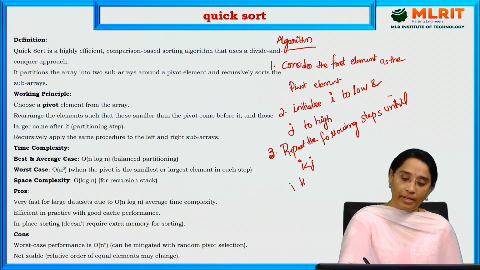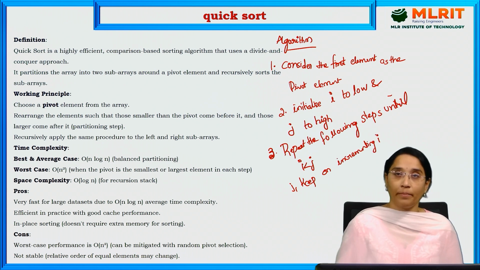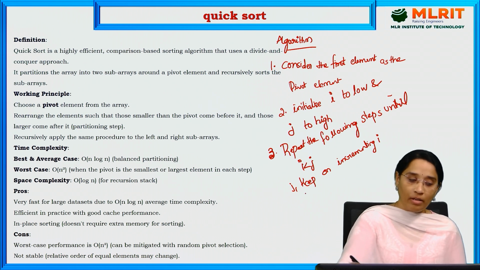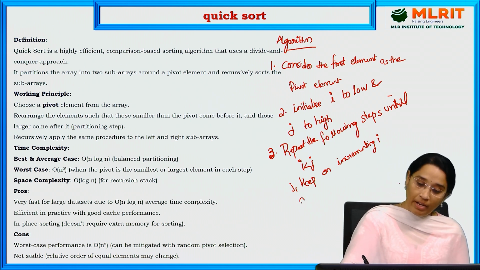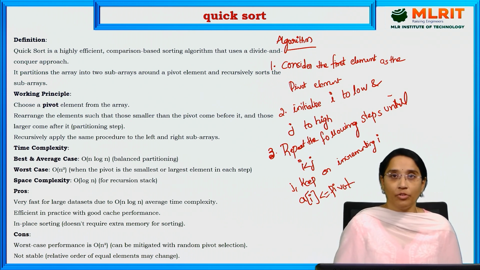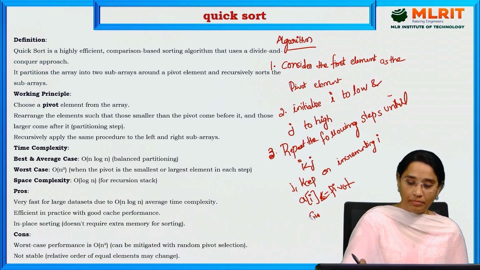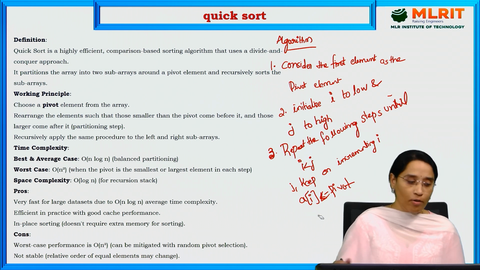Keep on incrementing i while a of i is less than or equal to pivot. And then, what you will do after that? You will swap a of i and a of j.